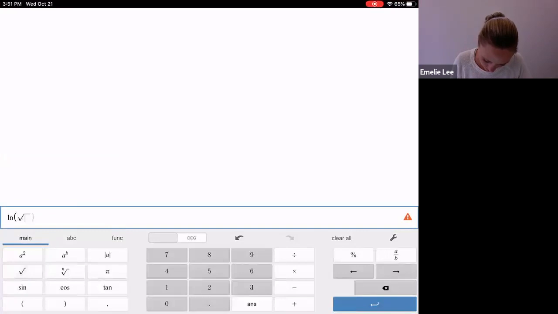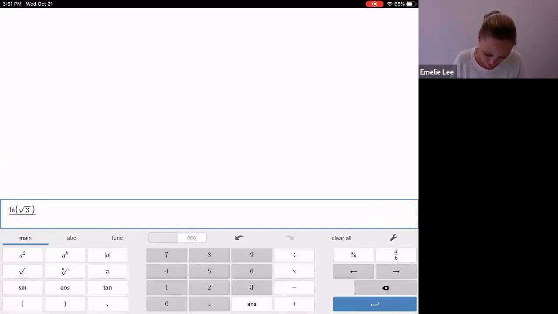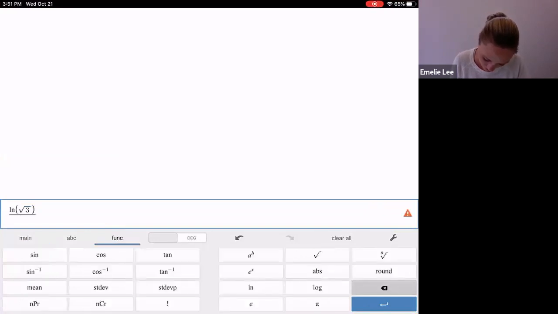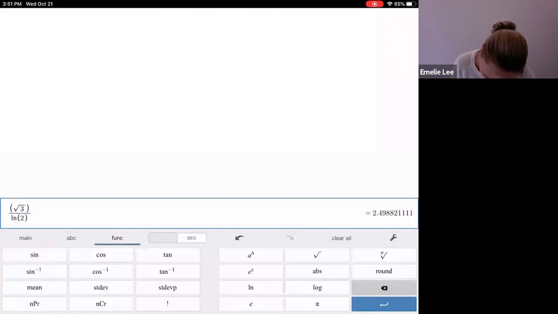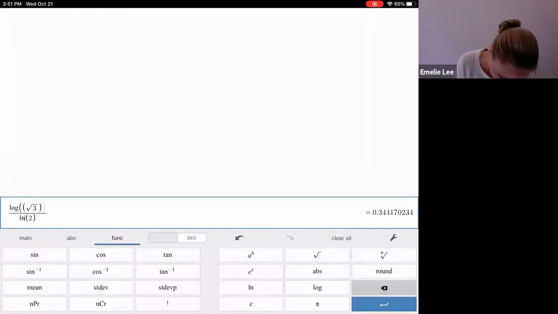If you do ln of the root of 3, divided by ln of 2, as long as you use the same log, 0.7924812504 versus, let's see if I can swap these out.